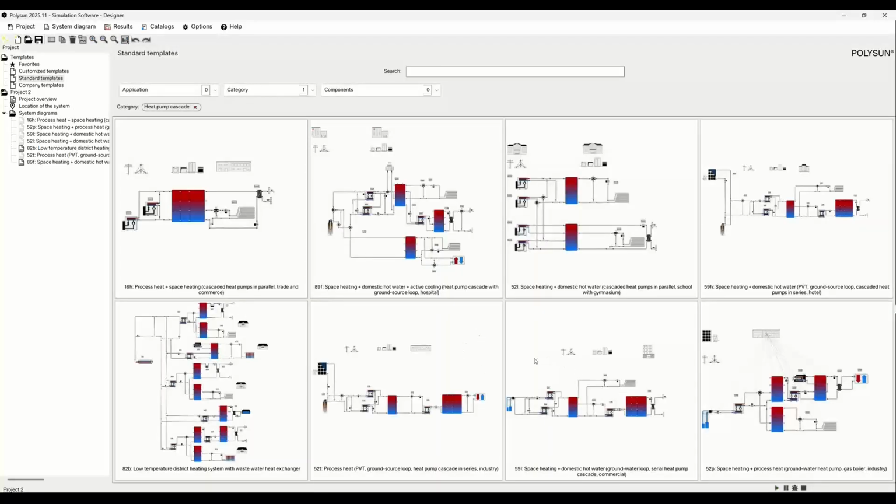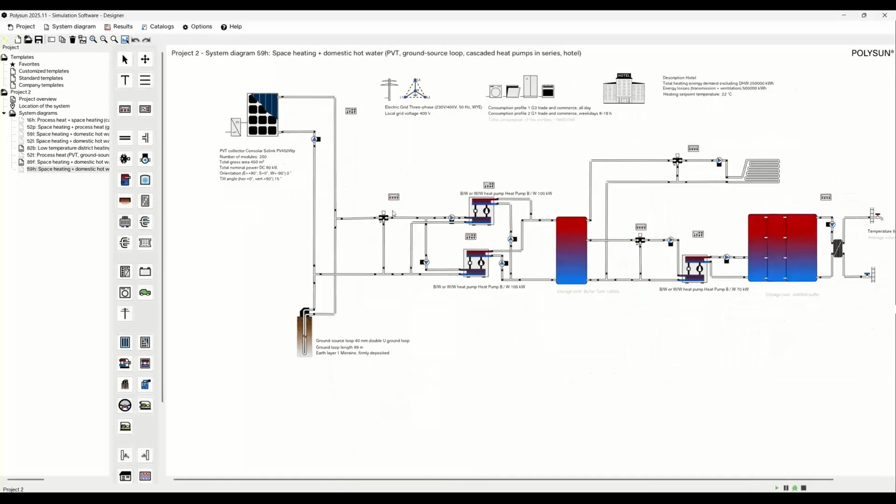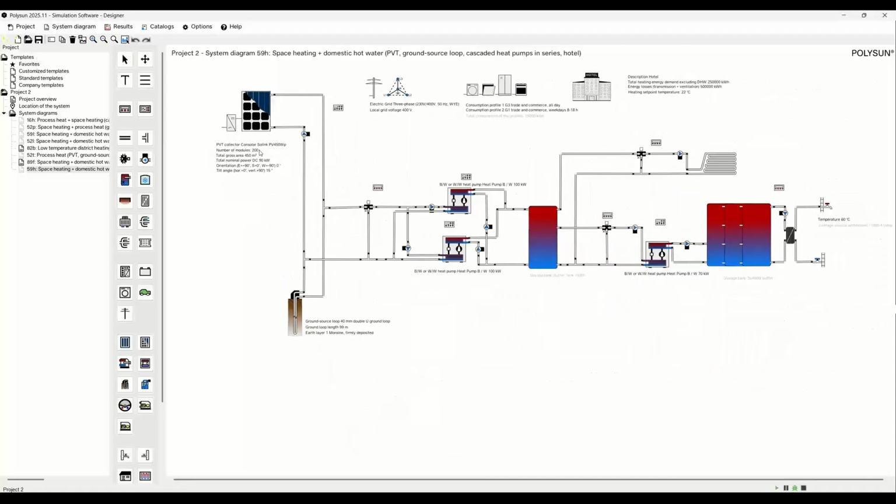And then another new system here is the space heating system, also combined with the solar thermal hybrid panel here. And this is another of the new cascade heat pump schematic diagrams.